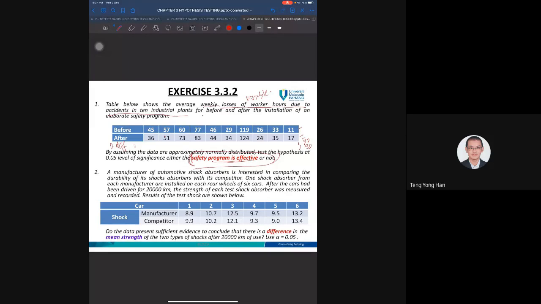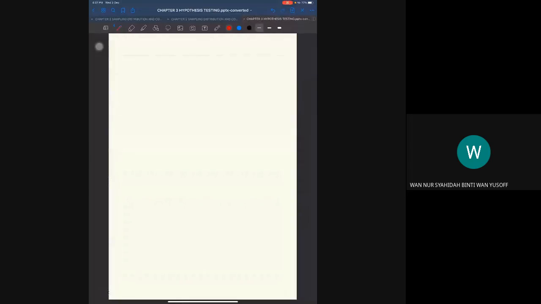The after hours will be less than before. After hours should be less than before, so that we can say that the safety program is effective. So it is mu after should be less than mu before, then the safety program is effective.